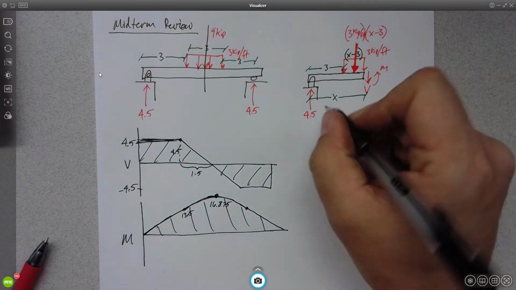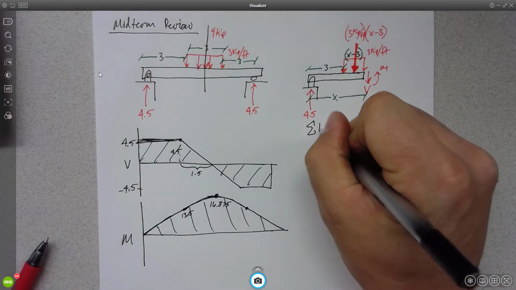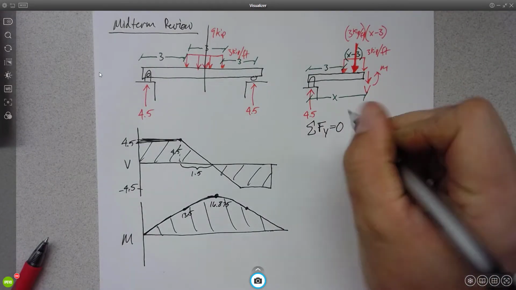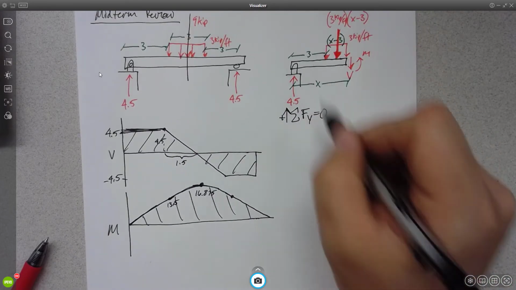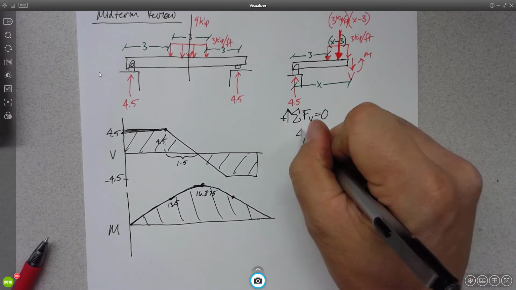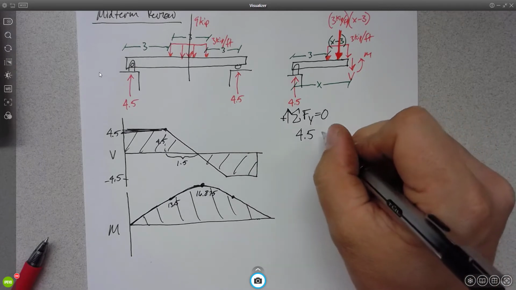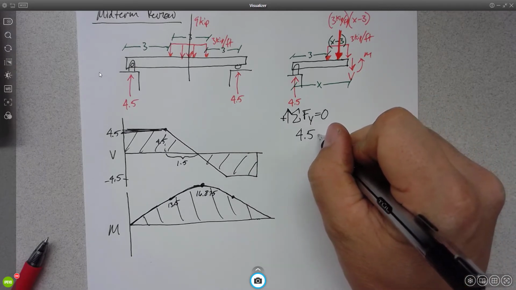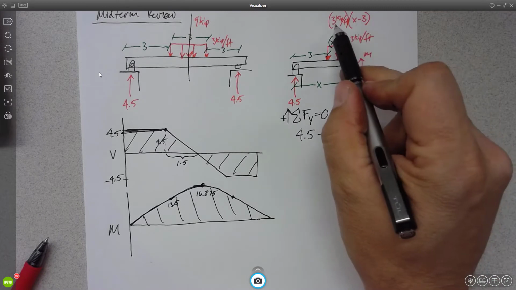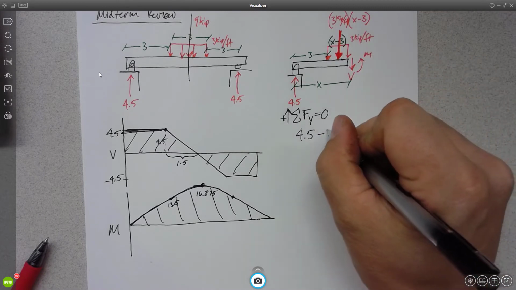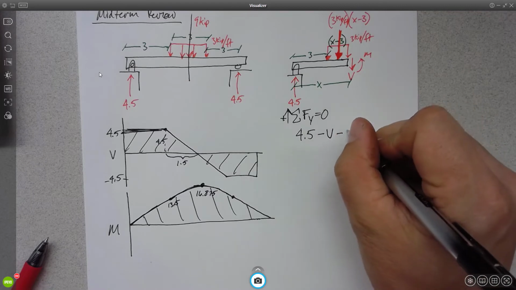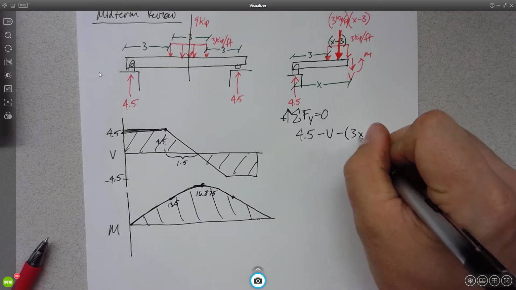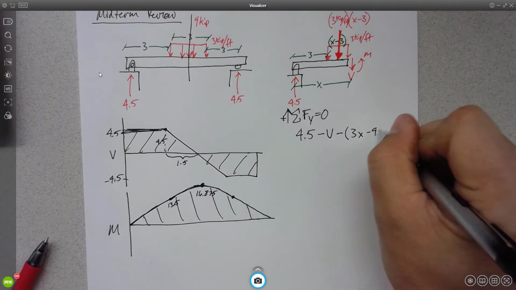So now we can say sum the forces in the y direction and set them equal to 0. So what's happening in the y? It looks like I have 4.5 up minus V minus whatever this is, which looks like 3x minus 9.